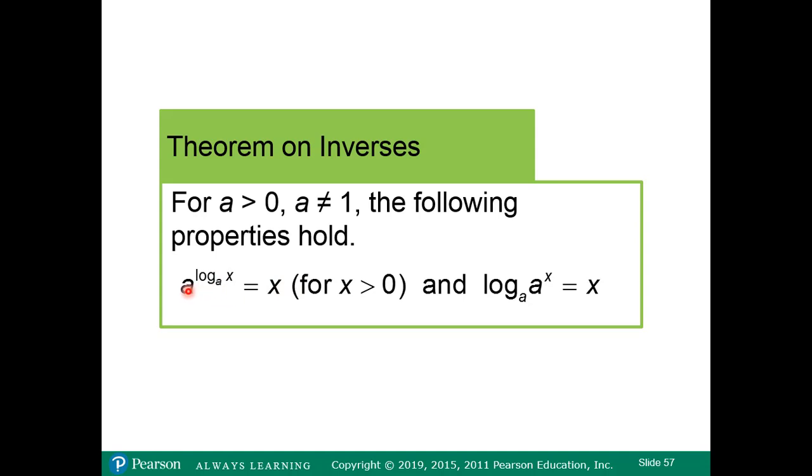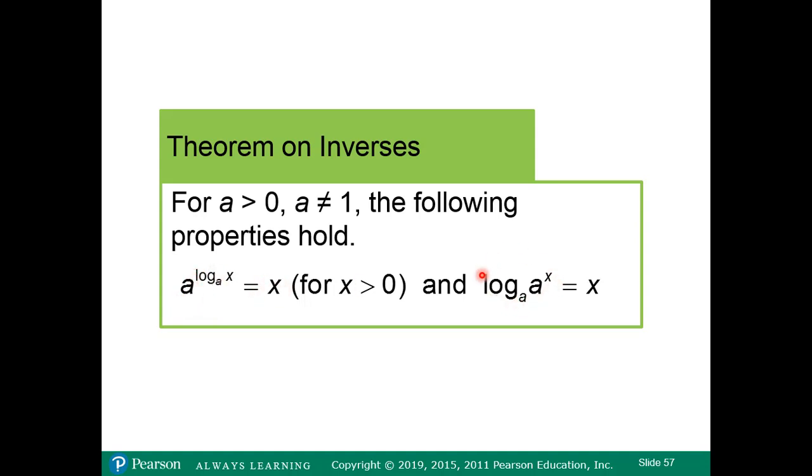So a base raised to a log of the same base cancel each other out and give us x, because we're taking the exponential of an inverse. So since we're taking an inverse function and composing with the exponential, we're going to get x out.